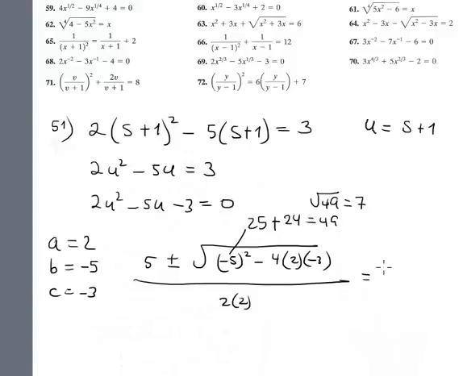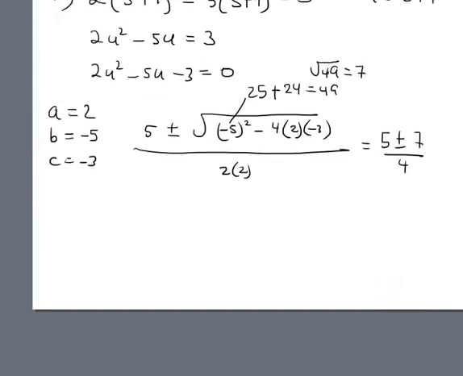And so far we have 5 plus and minus 7 divided by 4. I separate it into pieces. 5 plus 7 over 4 is 12 over 4, which is 3. And 5 minus 7 over 4 is negative 2 over 4, which is negative 1/2.